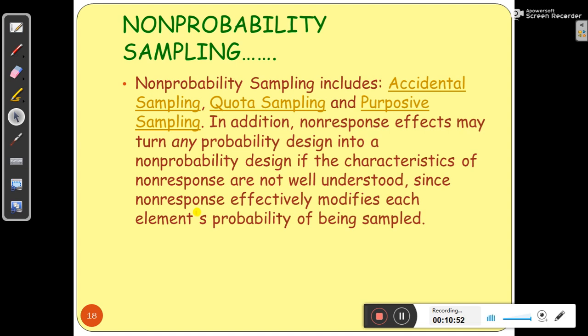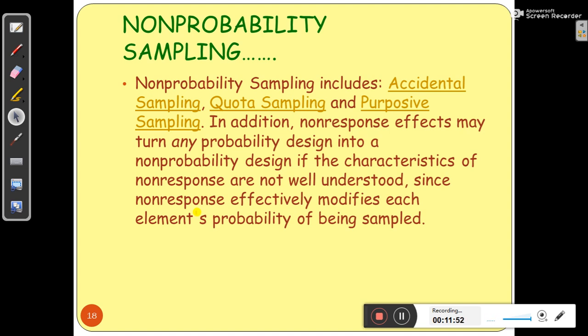And if we cannot verify the reason for non-response, since non-response effectively modifies an element's probability of being sampled, then we cannot go with the probability design.